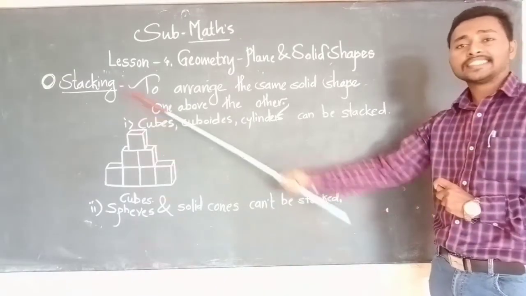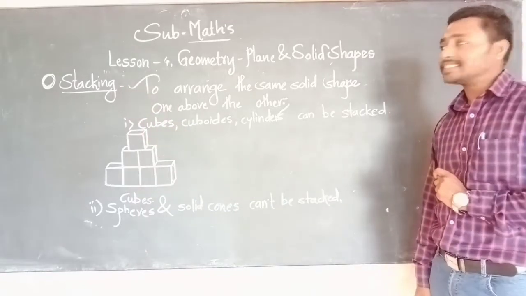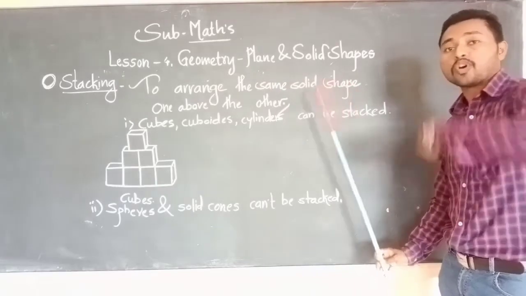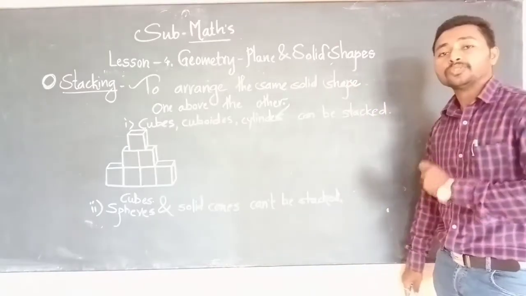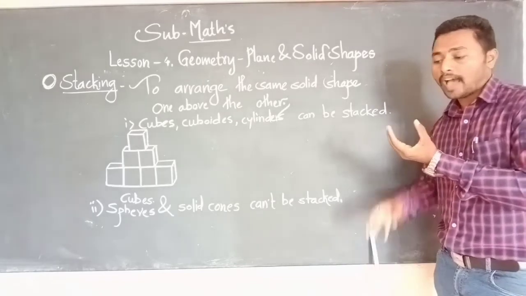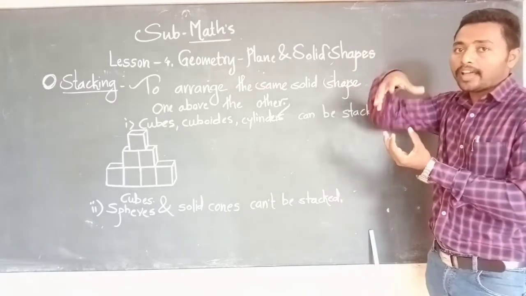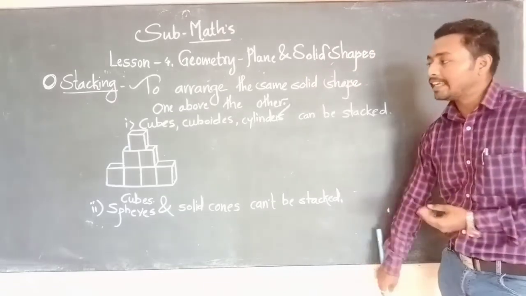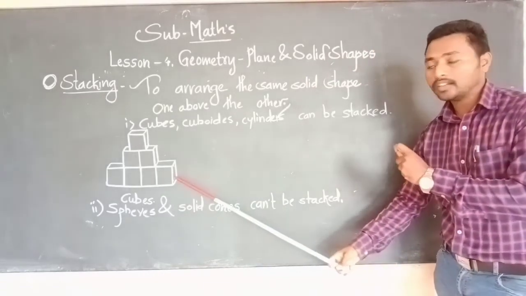Next, stacking. What is meant by stacking? To arrange the same solid shapes one above the other. That means consider I have a cube. I can place another cube over here. I can place another cube over here. That is called stacking. Observe this figure carefully.